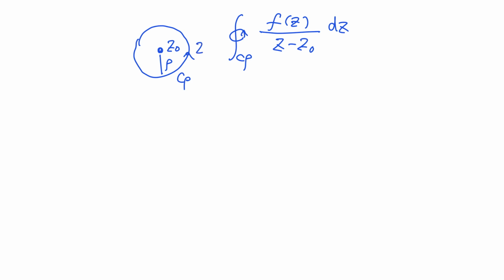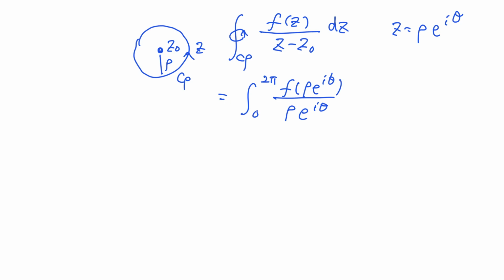And at this point, z is rho exponential I theta. So counterclockwise, this is 0 to 2 pi, rho exponential I theta f of rho exponential I theta. Sorry, this is z minus z naught. Z is z naught plus rho exponential I theta.